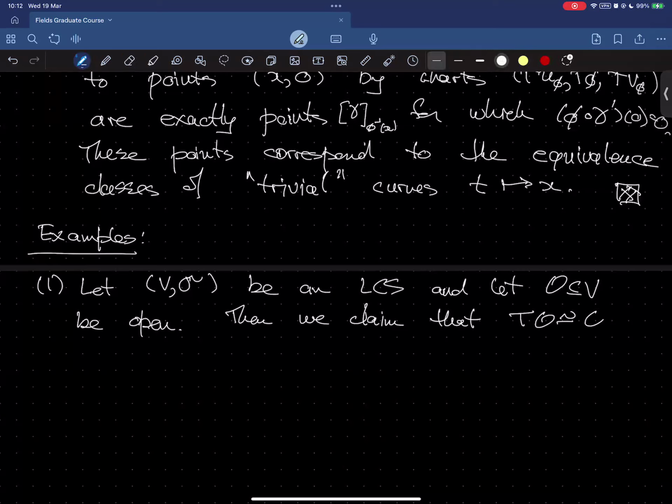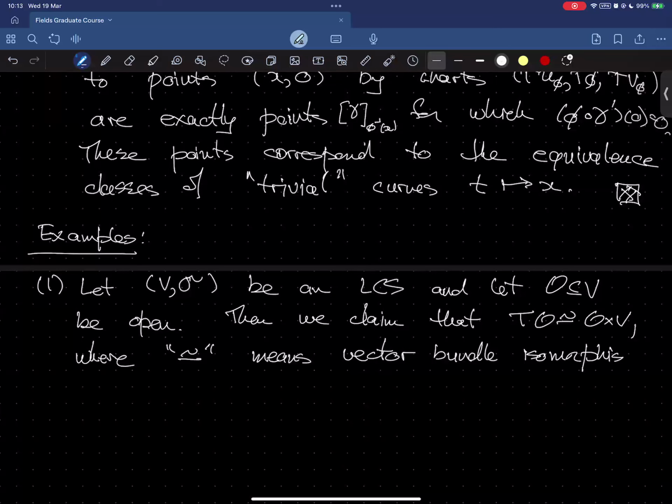So we're going to show that as a vector bundle, it's isomorphic to the trivial bundle O cross V. And I will write down explicitly what the vector bundle isomorphism is, and then you can verify that this thing is in fact a vector bundle isomorphism.